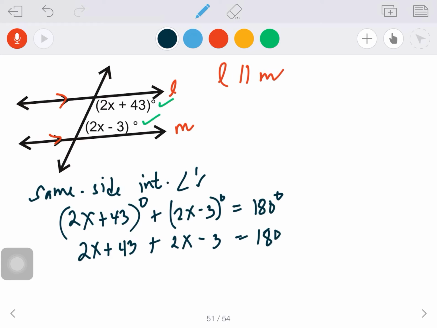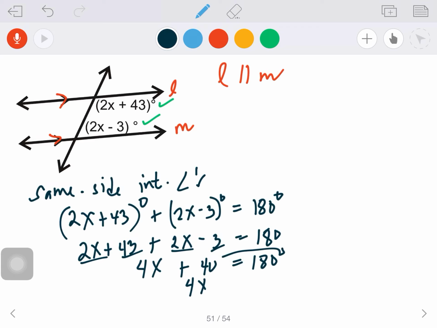And if we combine all the x's on the left side, we are having 4x. And 43 minus 3 is a positive 40 equals 180 here. So the next thing we do is to transpose 40 to the other side.